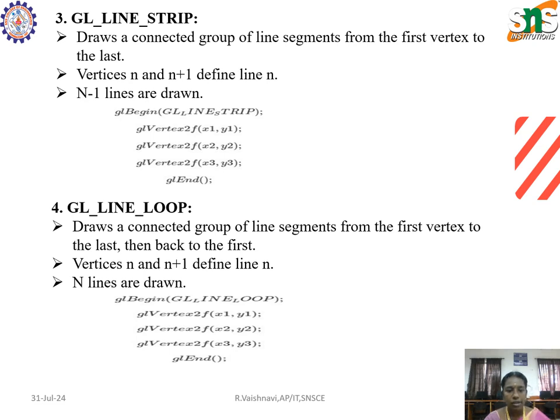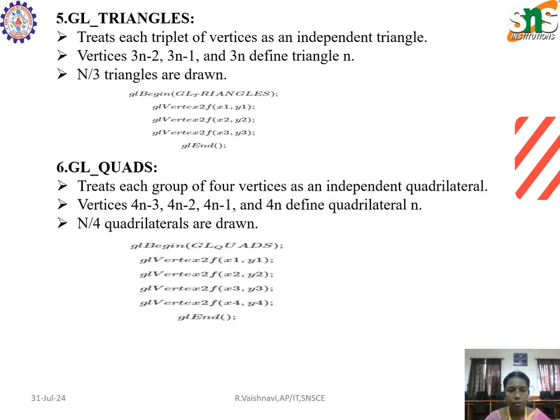Then fourth one is the line loop. It draws a connected group of line segments from the first vertex to the last, and then back to the first. So we have the vertices x1 comma y1, x2 comma y2, x3 comma y3. Then fifth one is GL_TRIANGLES. It treats each triplet of vertices as an independent triangle.